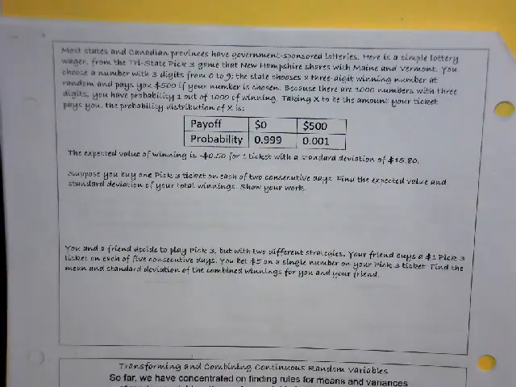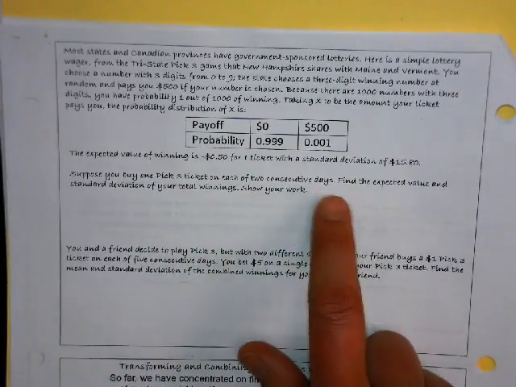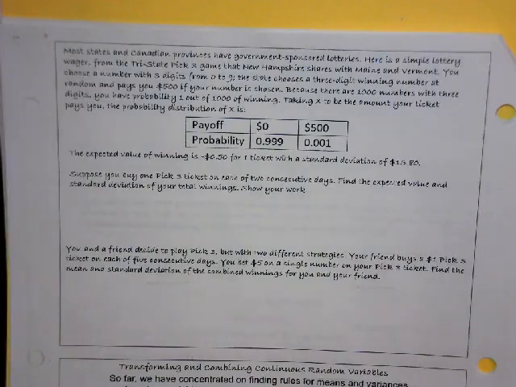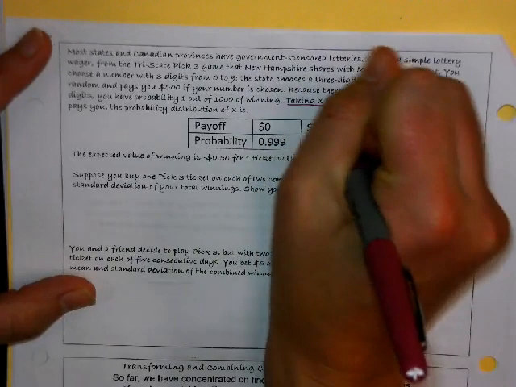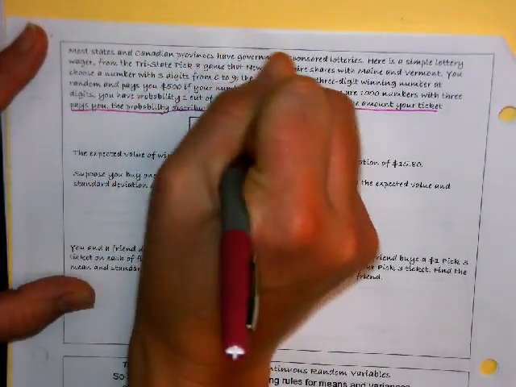So suppose we buy one Pick 3 ticket on each of 2 consecutive days. We want to find the expected value and standard deviation of the total winnings. So we defined X to be the amount the ticket pays you. Oops, sorry, my line got all wonky.